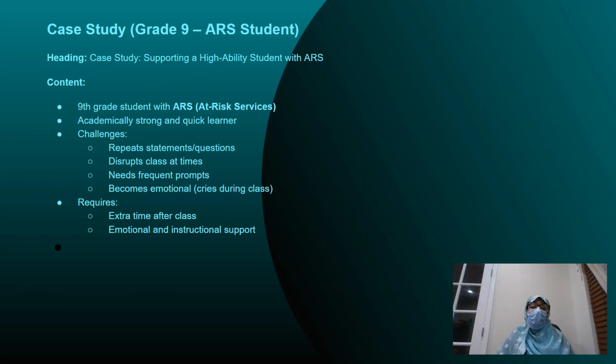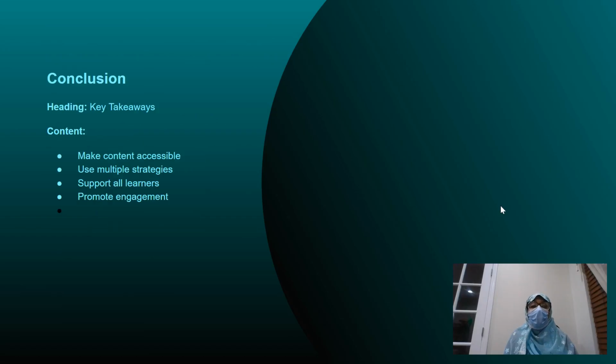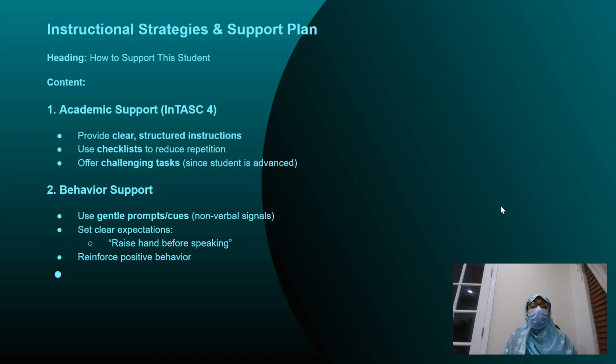Moreover, we have to understand, we need to give them extra time after class, emotional and instructional support. And in conclusion, takeaway: make content accessible, use multiple strategies, support all learners, promote engagement. And so this was how to support the student.